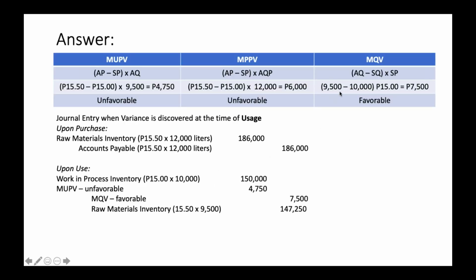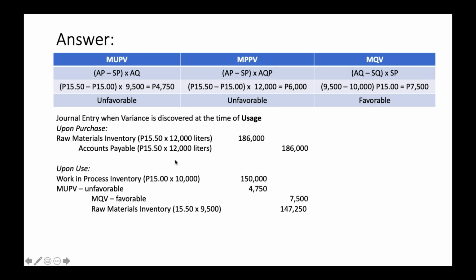So the actual quantity is 9,500, but the standard should have been 10,000 multiplied by the standard price. So we have here a material quantity variance of 7,500, which is favorable because, again, we did not use all of our standard quantity. We only used 9,500 liters. So we have a savings in terms of units of liters.